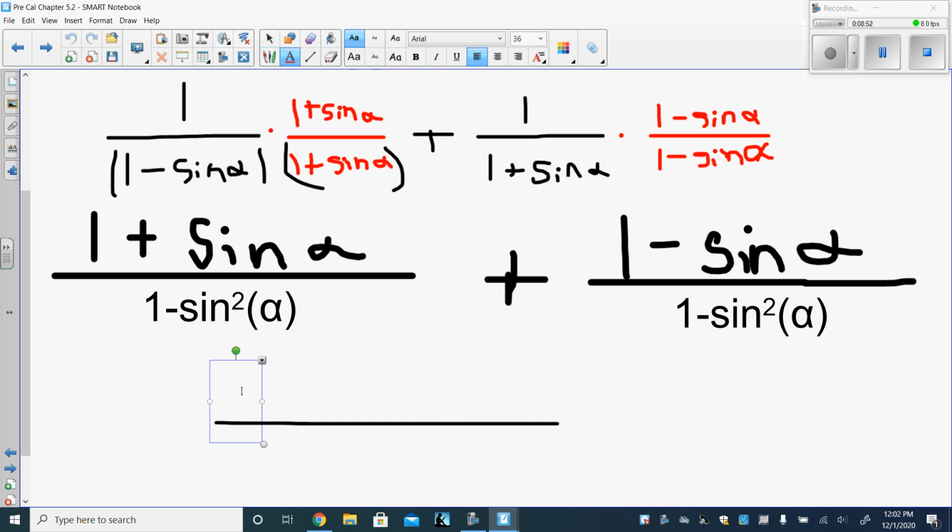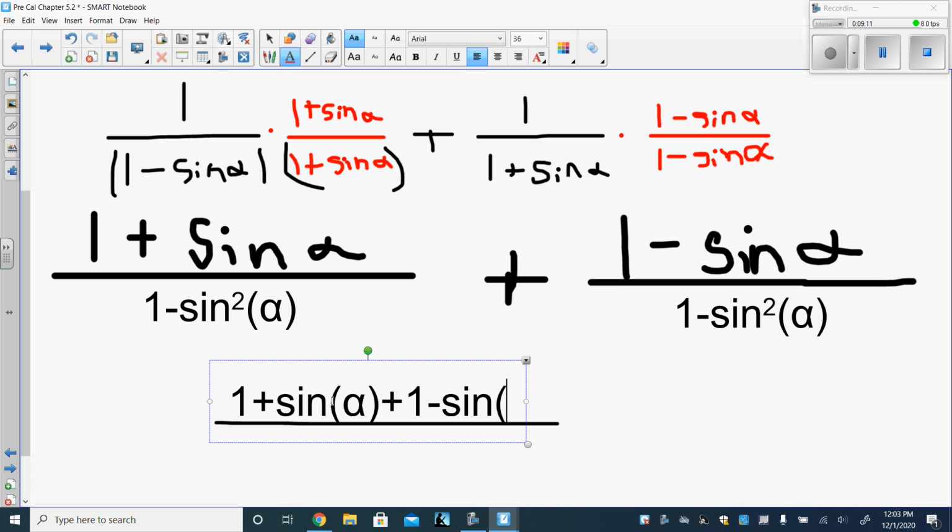So on top, I would have 1 plus sine of alpha. I had to go get alpha back. And then we'd have 1 plus 1 minus sine of alpha over 1 minus sine squared of alpha.